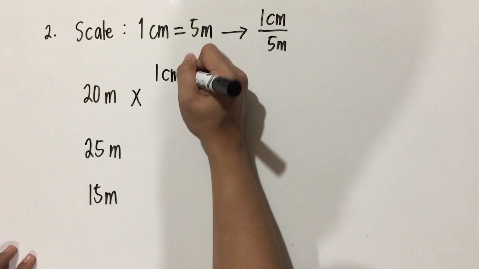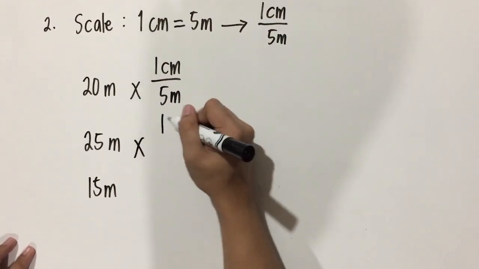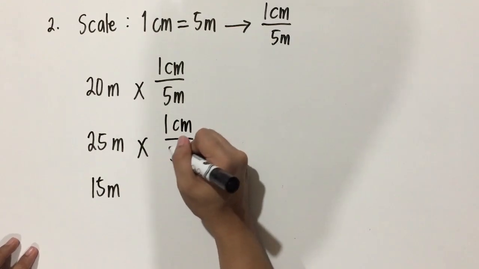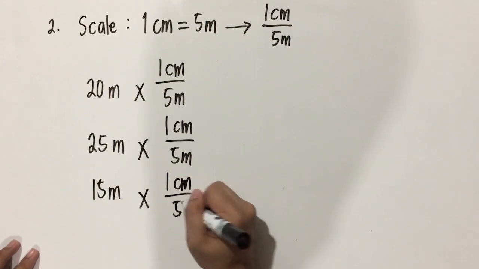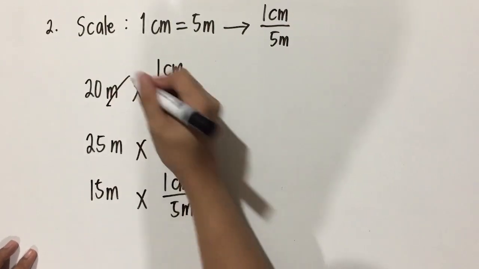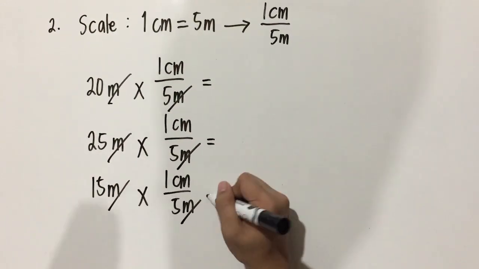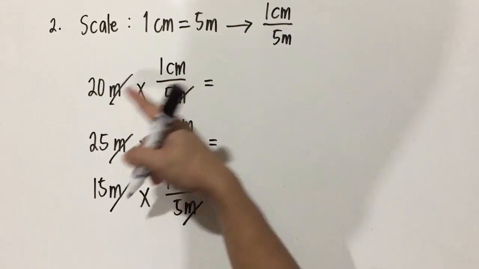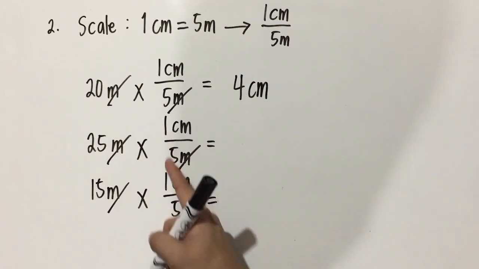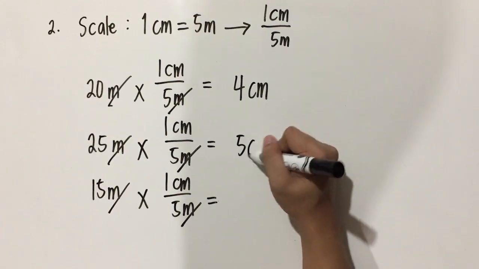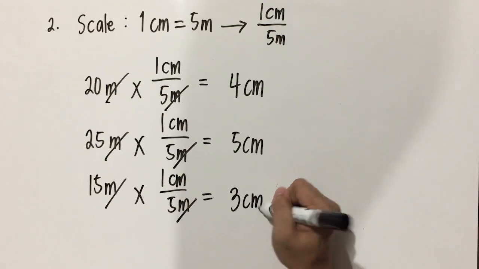So 1 centimeter over 5 meters, multiply again 1 centimeter over 5 meters, and for the last 1 centimeter over 5 meters. So cancel similar units, then do the operation. So we have 4 centimeters, and for the second one we have 5 centimeters, and for the third we have 3 centimeters.